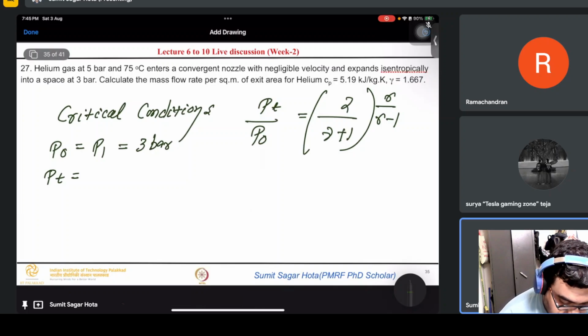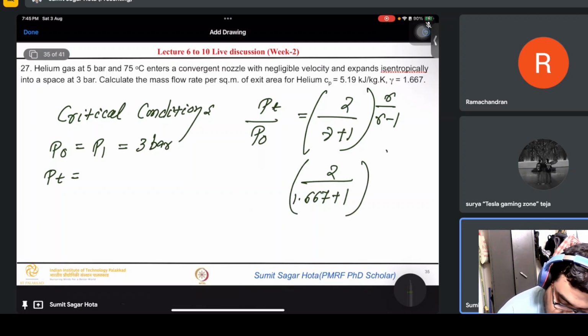Okay, so substitute the values. 2 by 1.667 plus 1 to the power 1.667 by 0.667. This is 0.487.